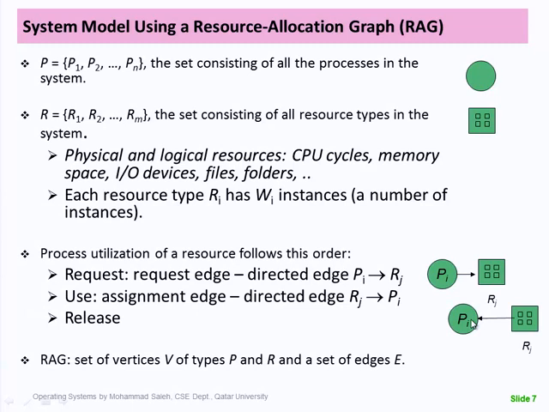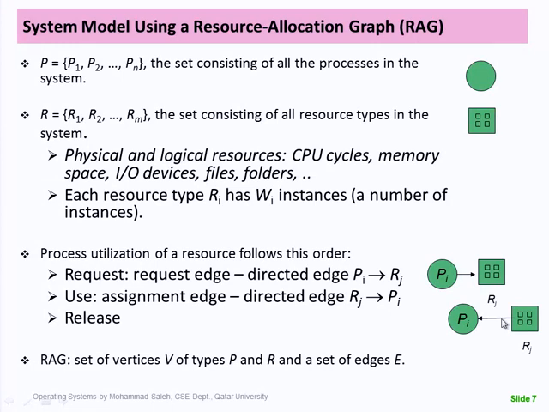So if we have multiple of these processes and resources, the result is a resource allocation graph. This is a directed graph, and the meaning of the arrows is explained here. We have a request, and we have an assignment. This is a request, and this is an assignment.